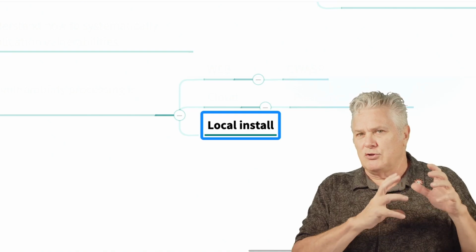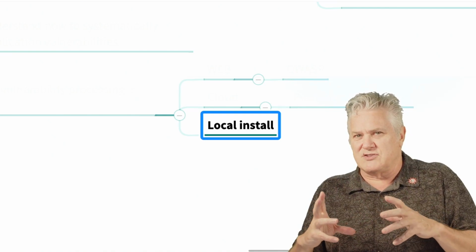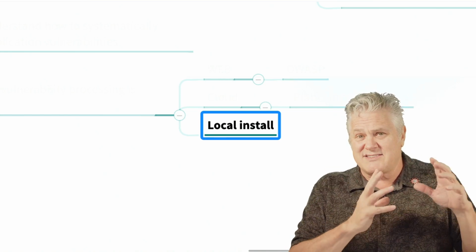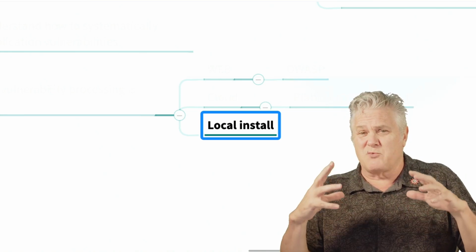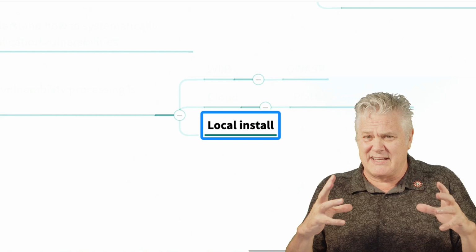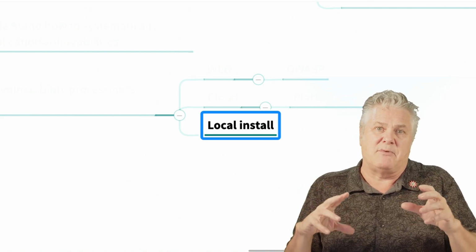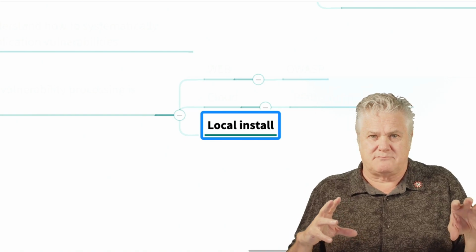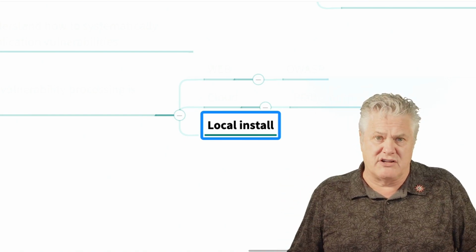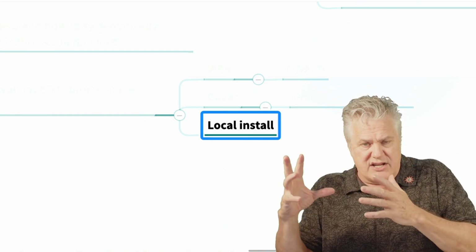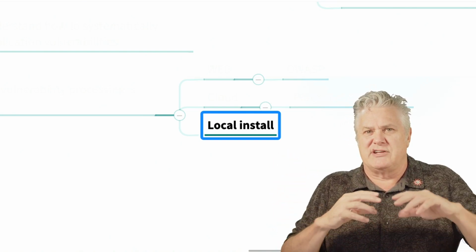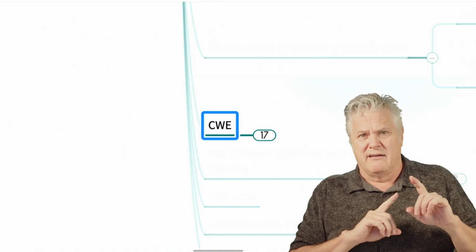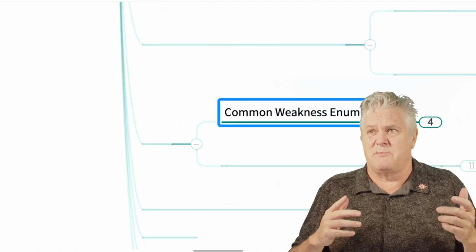We're talking about the local install of applications, not necessarily on the client side of things, mostly on the server side where we're building applications. Now, it may be that that application also gets deployed down to the client side. Today, with the proliferation of web services, we try to centralize all that application and put a web interface on the front of it. Okay, and so that's where we come back to the CWE.